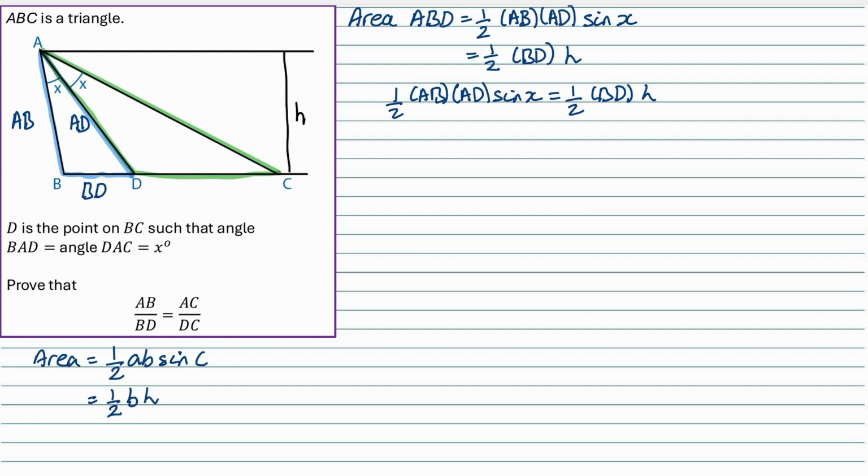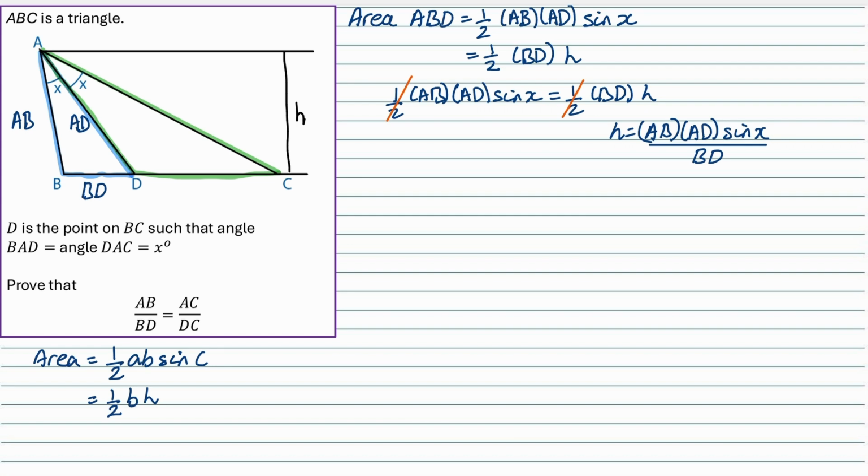All I'm saying is this area is equal to this area. And what this allows us to do, we can cancel out the halves. So the perpendicular height must be AB times AD times the sine of x divided by this length BD.